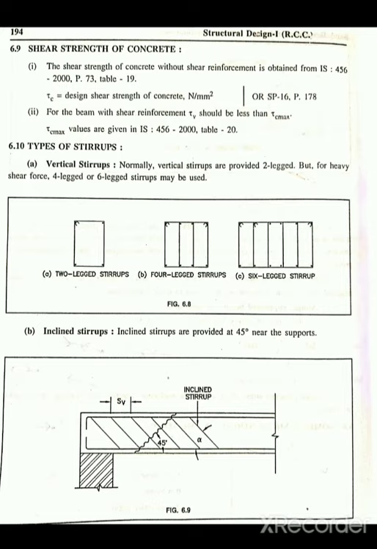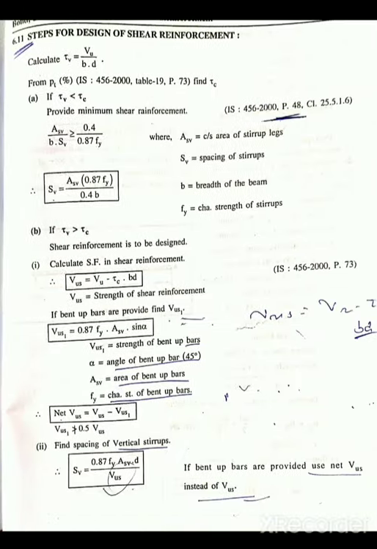Now types of stirrups. So vertical stirrups: normally vertical stirrups are provided 2 leg, but for heavy shear force, 4 leg or 6 leg stirrups may be used. Then inclined stirrups are provided at 45 degree near the support. Now steps for design of shear reinforcement.